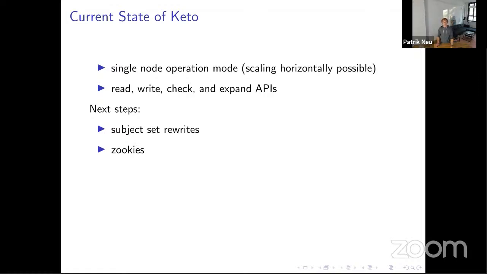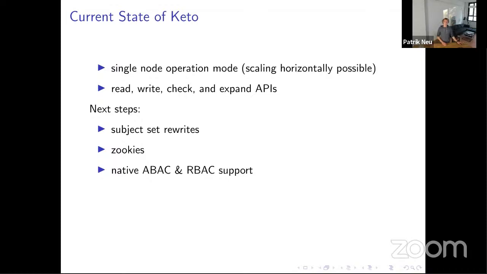Also Zookies, as we want to have a distributed system and not a locally operated system. So we have to figure out some way to determine the order of events there. Then also native ABAC and RBAC support. That's what I was referring to before.